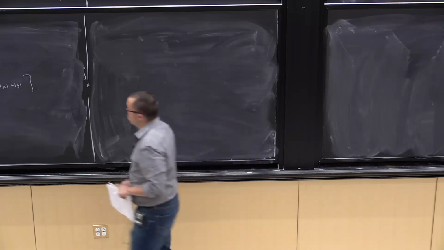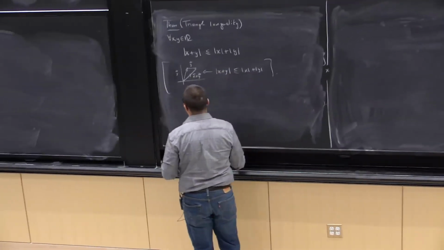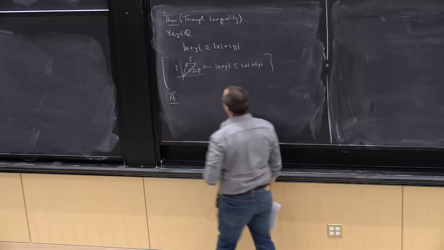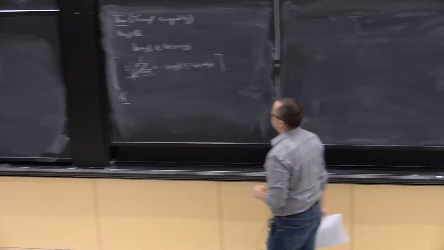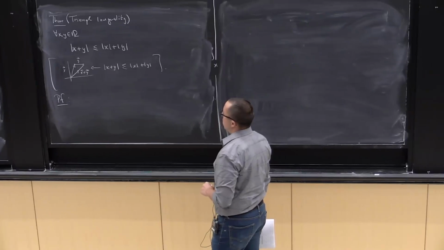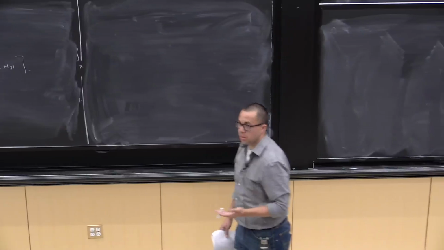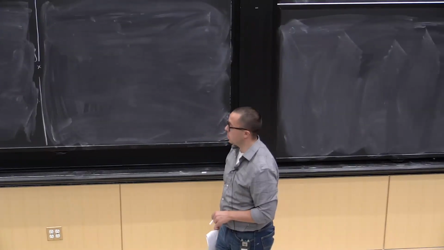So that's why it's called the triangle inequality. Okay, so the proof is not very difficult. Although this inequality is probably one of the three most useful things you'll learn in this class if you go on to study more analysis.